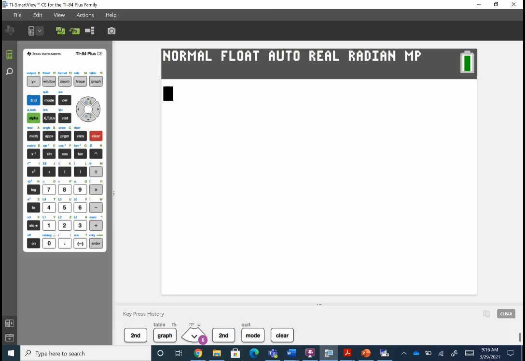It says quit above it in blue. So second mode. If you ever get into a menu where you think, oh shoot, this isn't where I want to be, press the second key and the mode key.